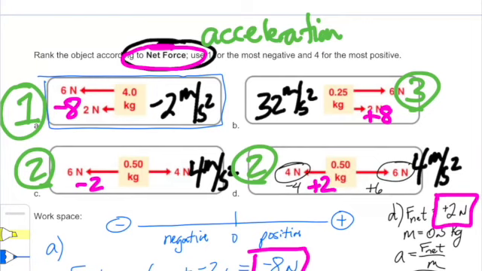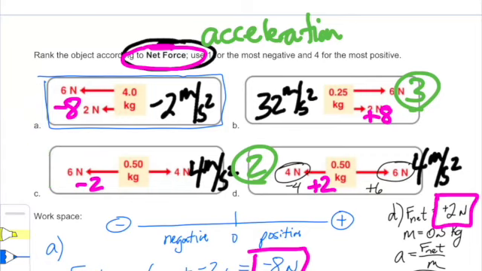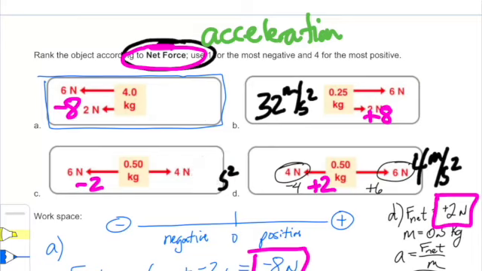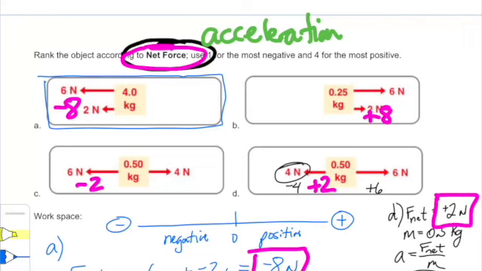So if I'm ranking net force in pink, I'm going to erase these so that it's not confusing. I'll get rid of these too. So now we're back looking at net force.